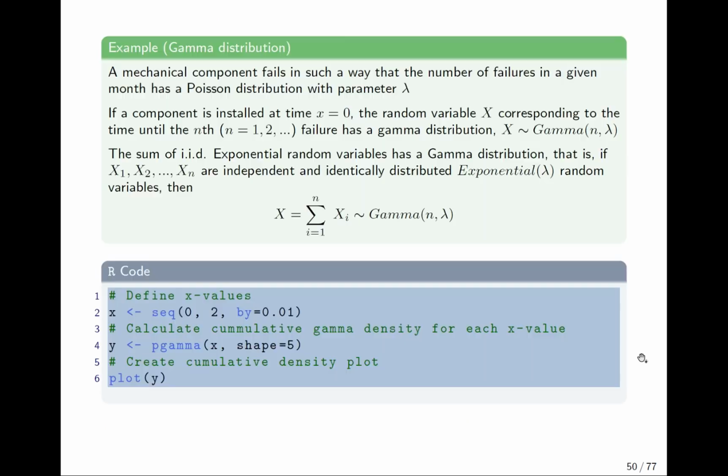So for example, a mechanical component fails in such a way that the number of failures in a given month has a Poisson distribution with rate parameter lambda. If a component is installed at time x equals 0, the random variable corresponding to the time until the nth failure has a gamma distribution with parameters n and lambda. So it's really as simple as that.